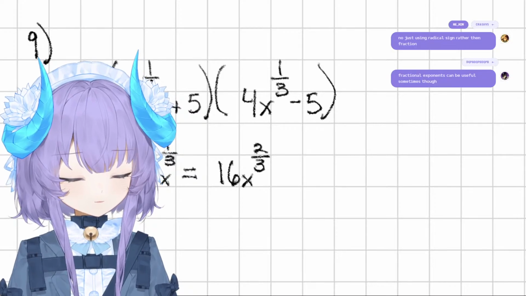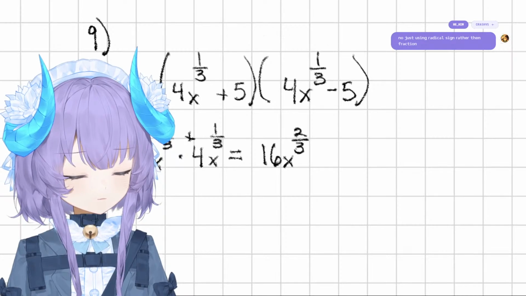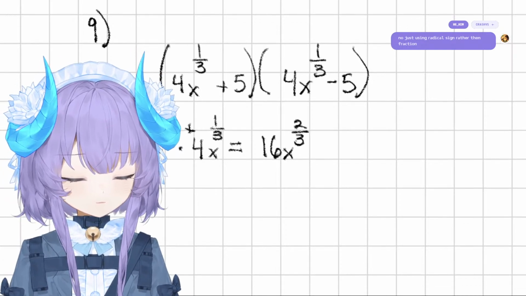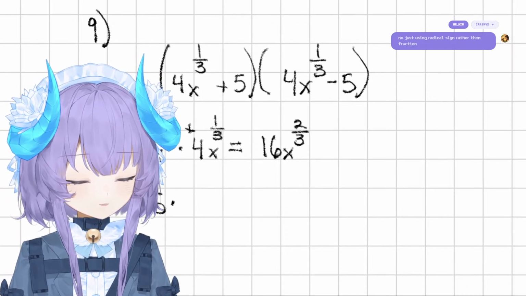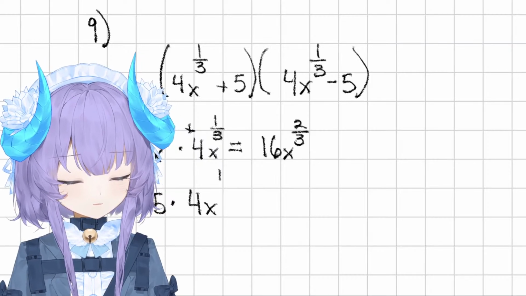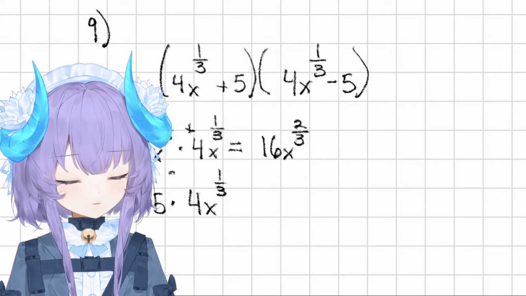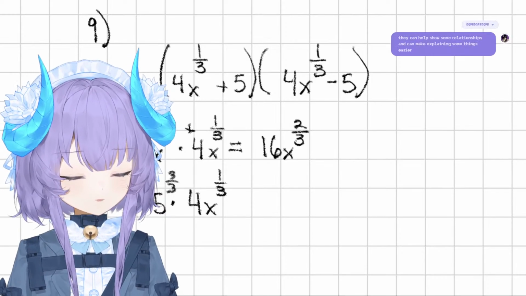Let's see. First, outer, so that's going to be 5 times x to the one third, times negative 5 x to the three thirds.